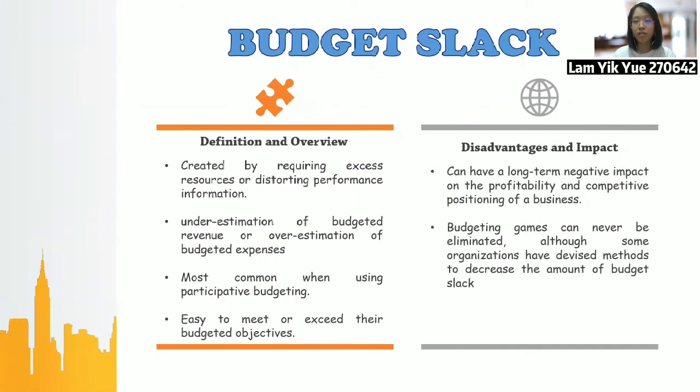When there is budgetary slack for multiple consecutive years, a company may find that its overall performance has declined in comparison to more aggressive competitors who use stretch goals. Therefore, budgetary slack can have a long-term negative impact on the profitability and competitive positioning of a business. And also, budgeting games can never be eliminated, although some organizations have devised methods to decrease the amount of budgetary slack.